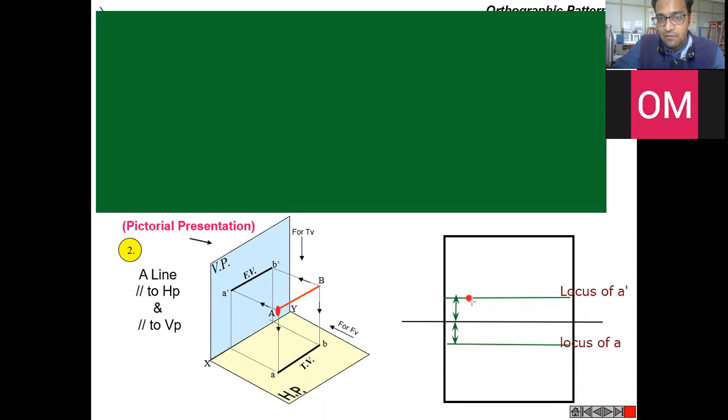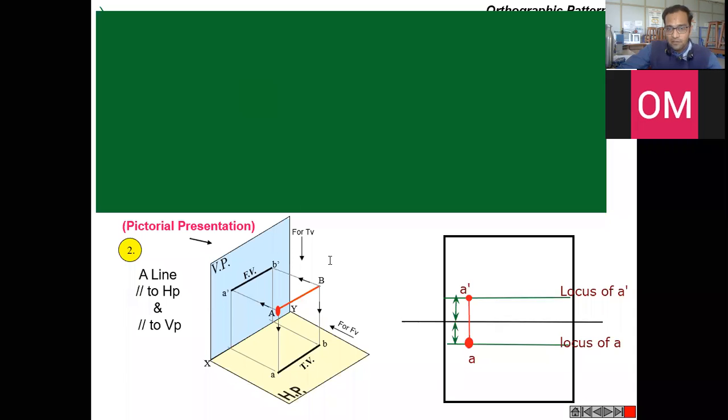This point what we have considered, the point itself is going to be called A dash, and from that point A dash we are drafting a vertical line which will intersect locus of A, and at the zone of intersection we will indicate the position as A. So this is going to be the whole presentation of A dash and A.